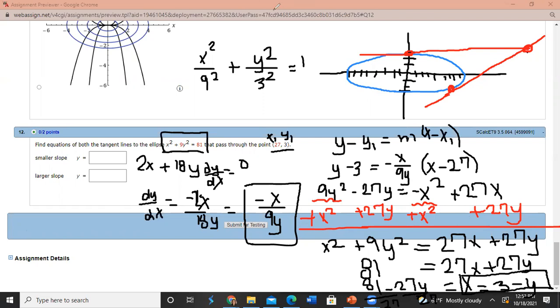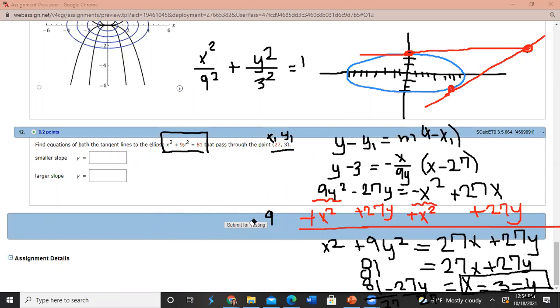So I'm going to go ahead and wipe out a couple of the things here that we used from before. Remember that what I pretty much erased there was that m is going to equal negative x over 9y. I have that written here again. So, okay, what we're going to do is we have x squared plus 9y squared equals 81, and we know that x equals 3 minus y.